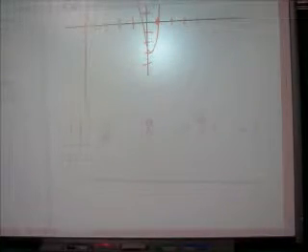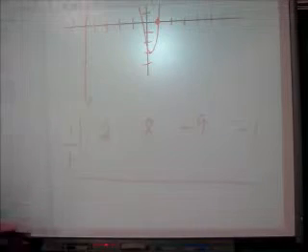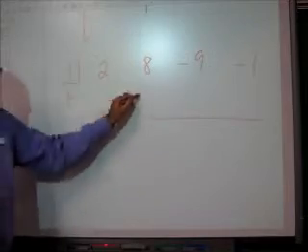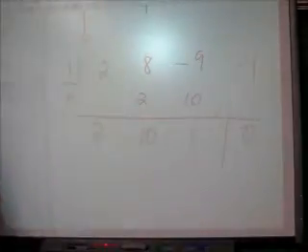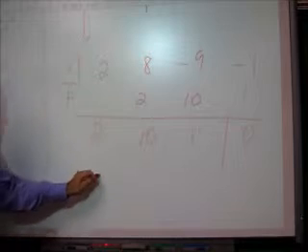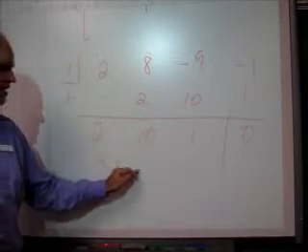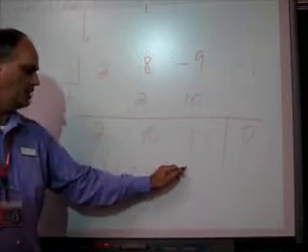To get a quadratic. So do I reach my goal? Yeah. It did work, didn't it? Yep. And now this is equal to 2x squared plus 10x plus 1, and that's 0.